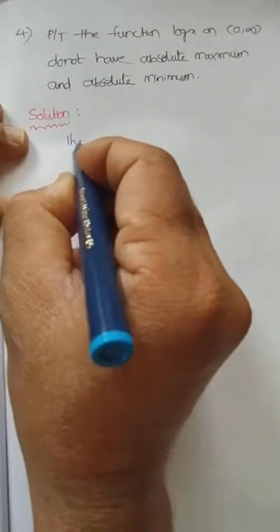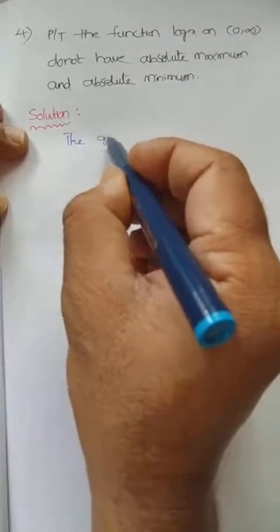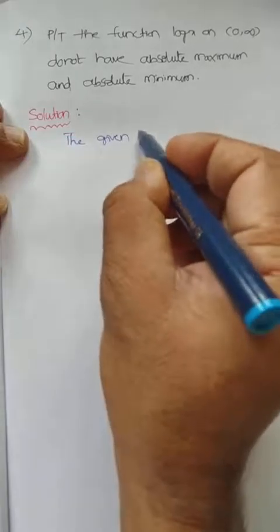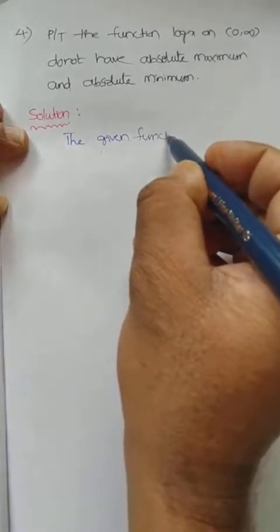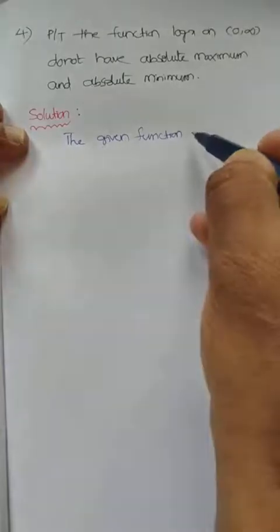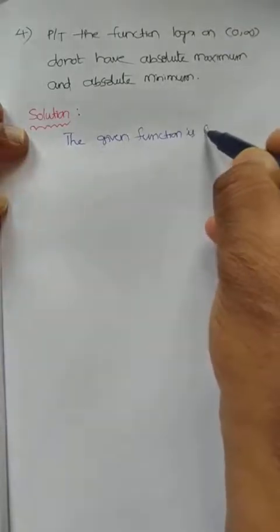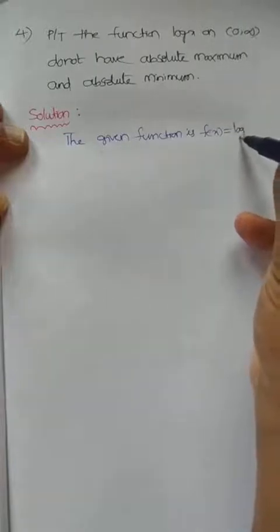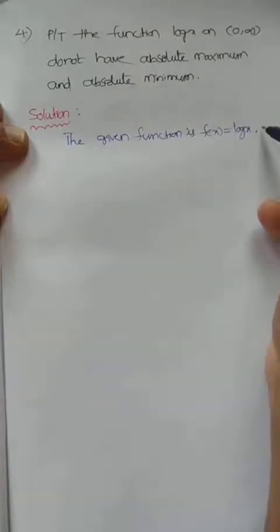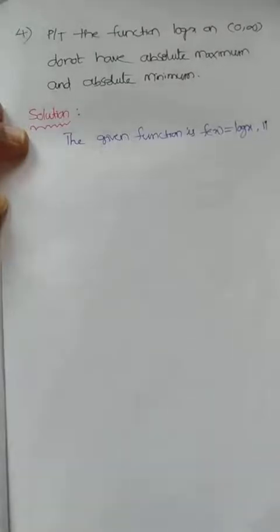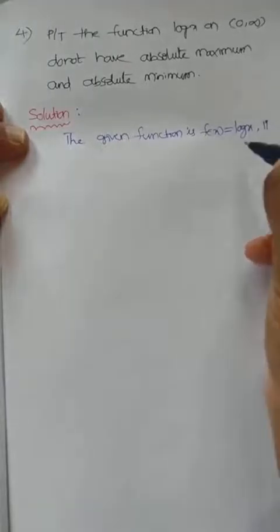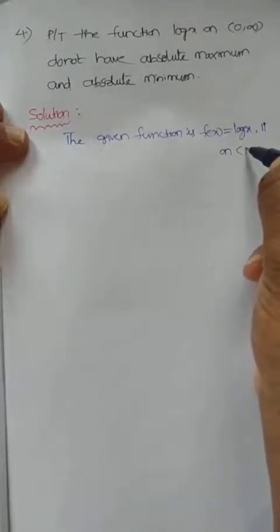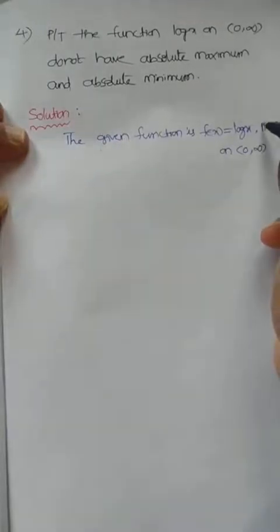The given function is f of x is equals to log x. Here he had given it on 0 to infinite, not on the real number system.